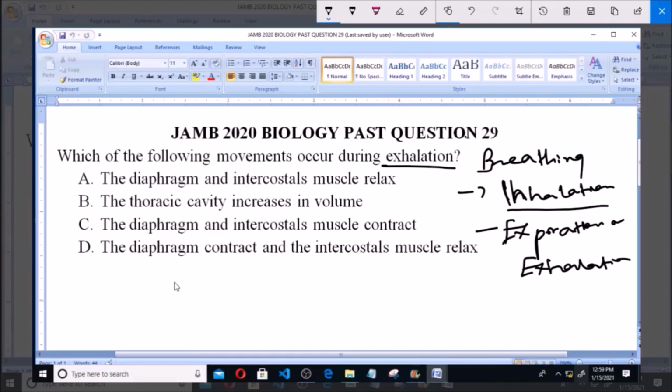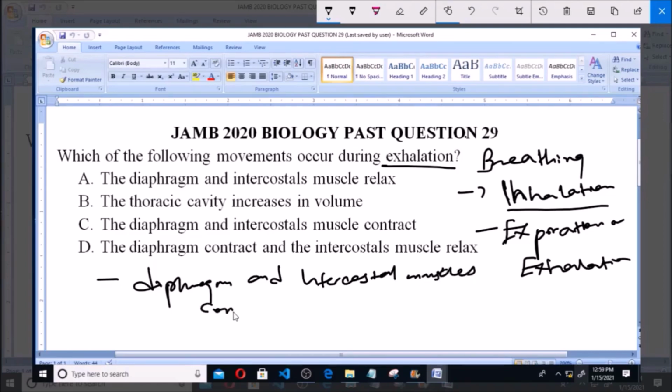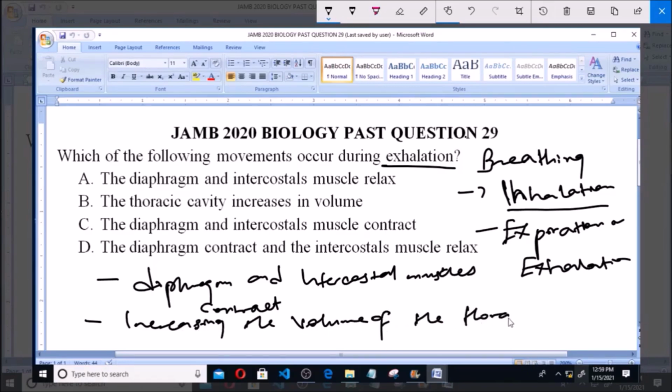During inhalation, the diaphragm and intercostal muscles, that is the muscles at the rib region, will contract. As they contract, they expand the thoracic cavity, thereby increasing the volume of the thoracic cavity.